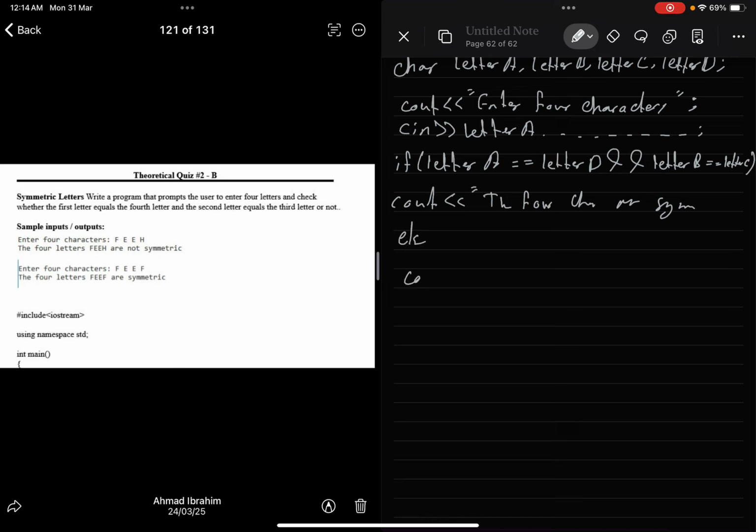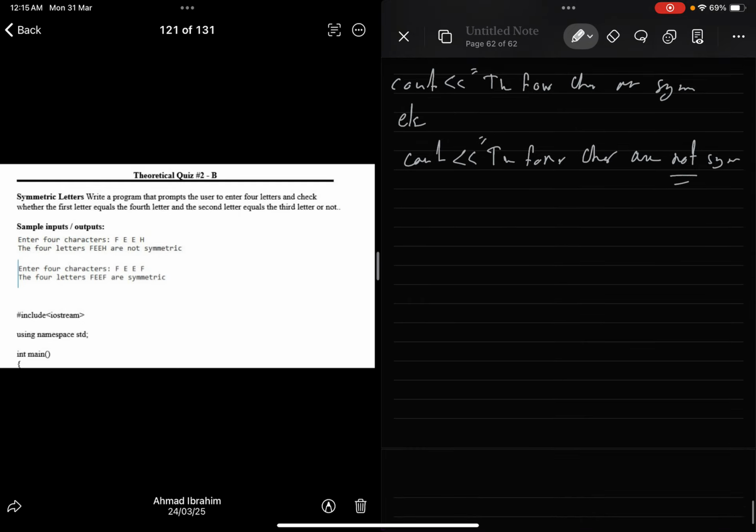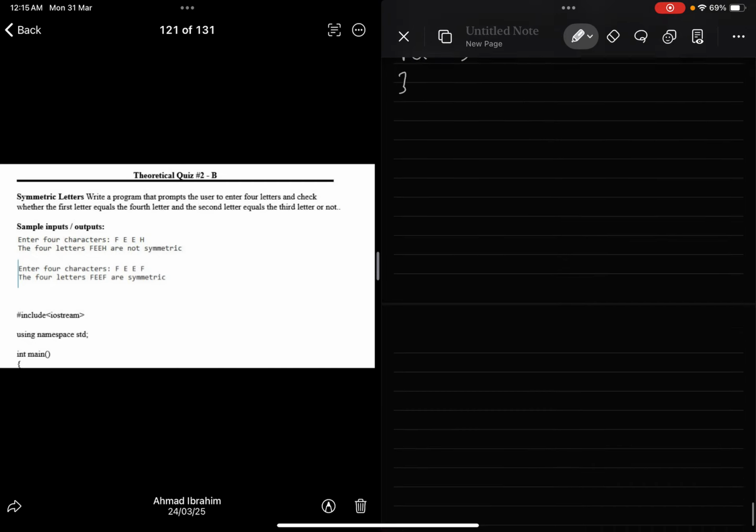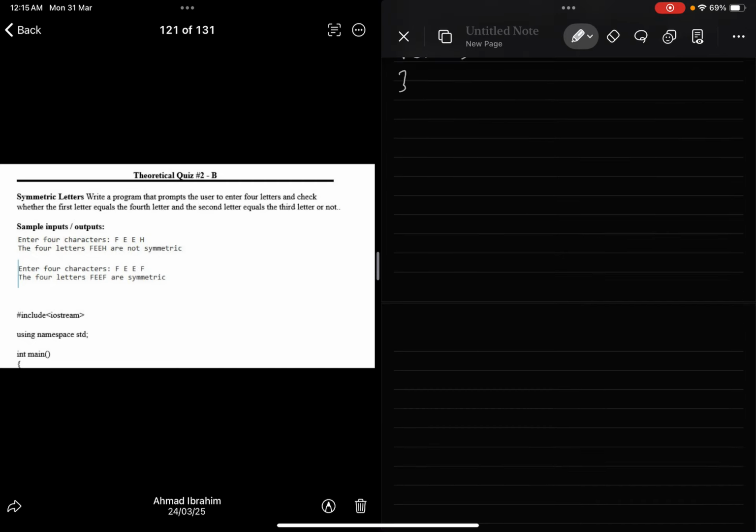Else, cout: "The 4 characters are not symmetric." We end up with return 0, I'm sorry, and we close the bracket.